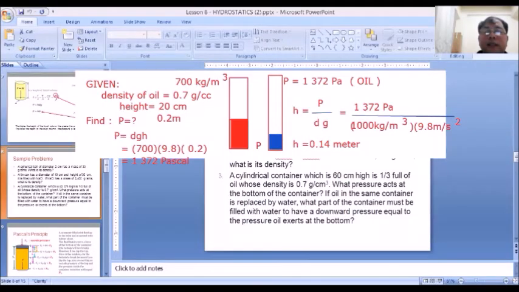Lesser than the one that we saw for our oil. So oil needs to be 20 centimeters or 0.2 meters, but our water will only be 0.14, much lesser in amount. Okay, so again, the reason why we have a lesser height there, but equal in pressure, is because oil is less dense than our water.